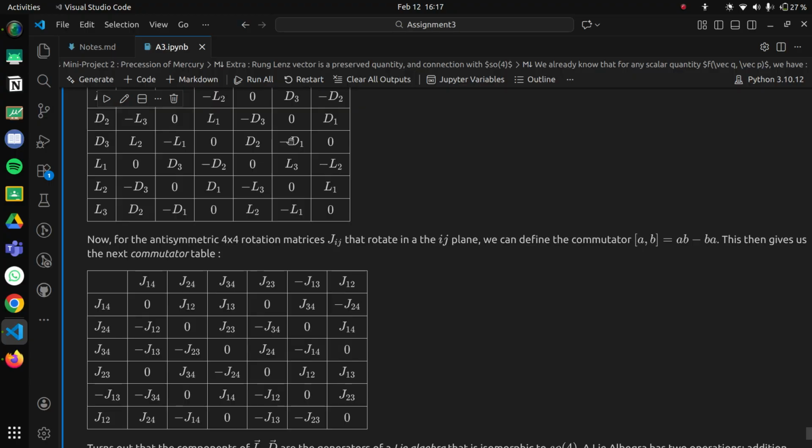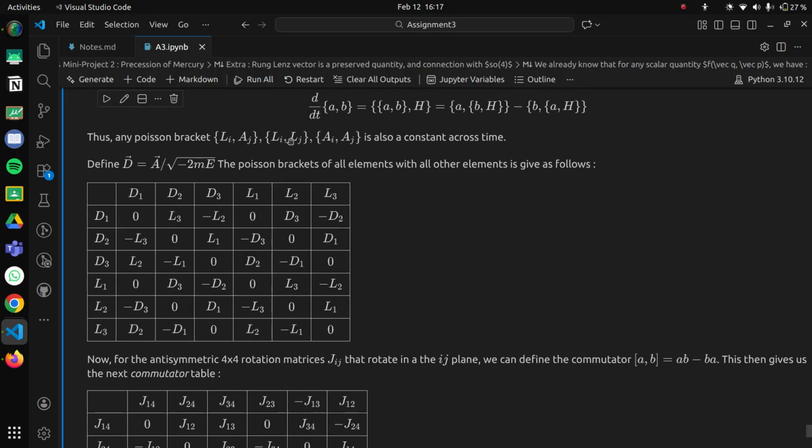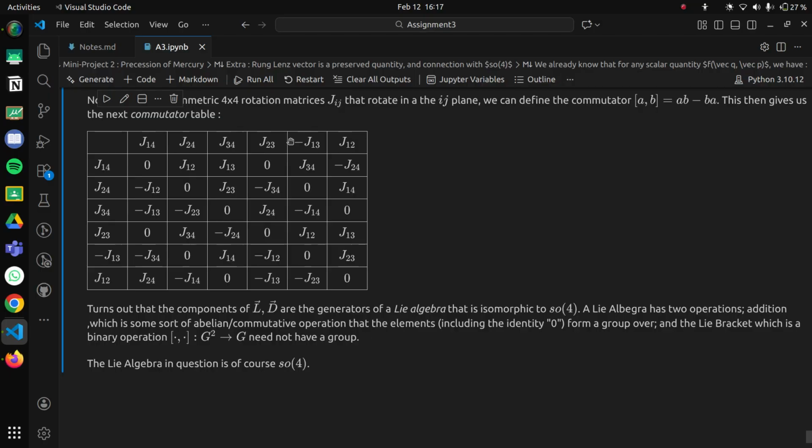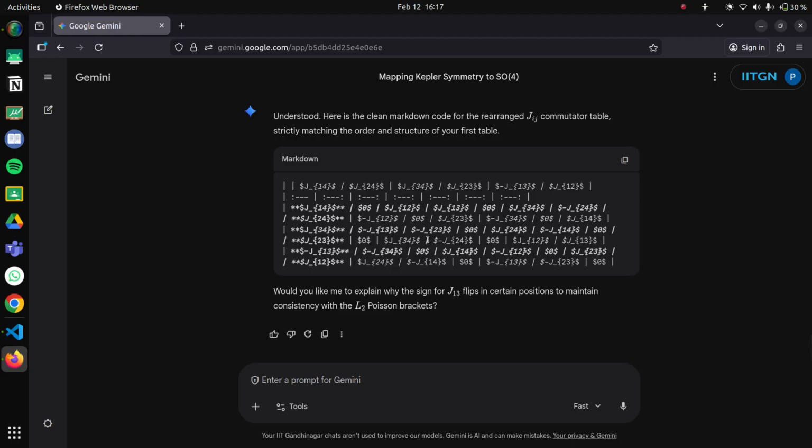Yeah, looks correct, doesn't it? So, okay, I think this is enough of exploration, I guess.